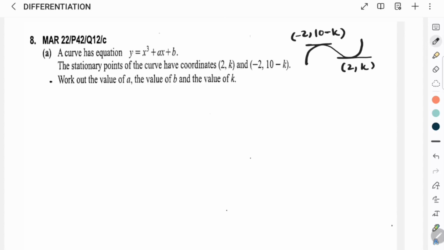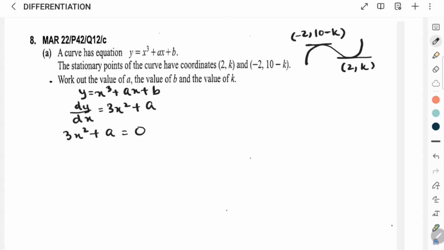Alright, the stationary points are also given, the maximum and the minimum points. And remember, these points belong to the curve; they are original points of the curve, wherever dy/dx equals 0. So y is equal to x cubed plus ax plus b, and dy/dx is equal to 3x squared plus a, and 3x squared plus a is equal to 0.